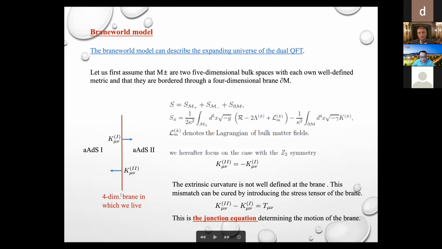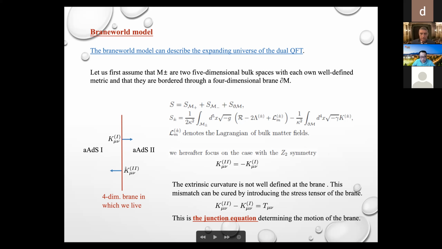But at this brane, these two extrinsic curvatures are not the same. The magnitude is the same because we impose Z2 symmetry, but the direction is opposite, so there is an additional minus sign. This is because extrinsic curvature is defined by a normal vector, and the direction of the normal vector is opposite.